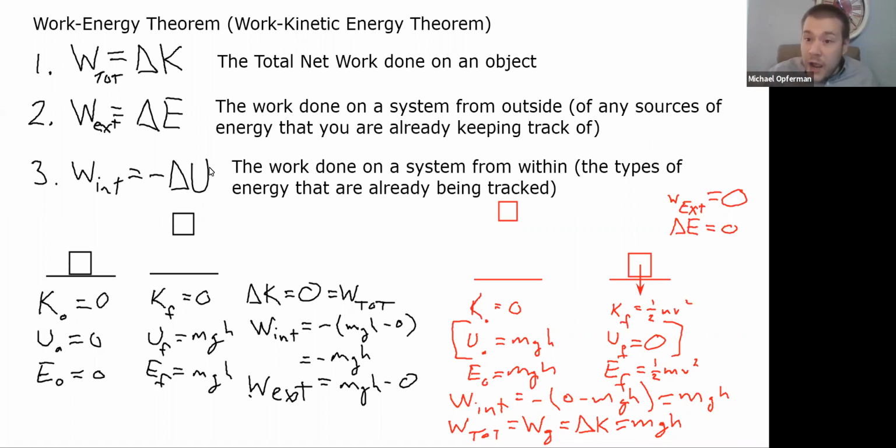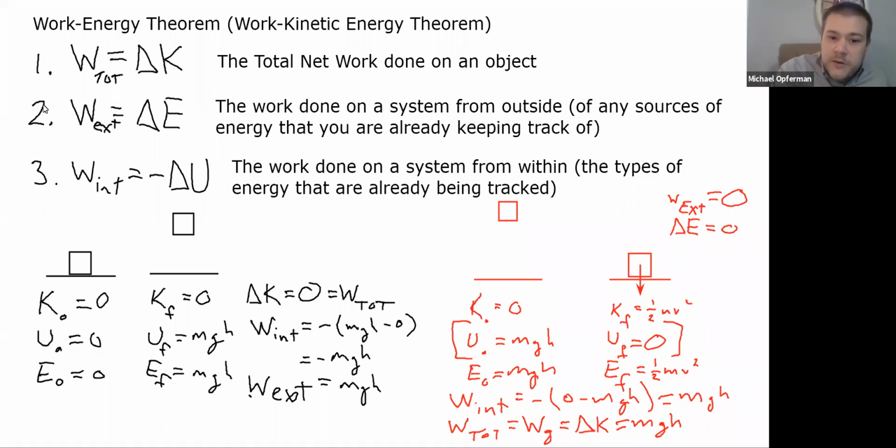You are not keeping track of my potential energy or anything like that. So I'm kind of a wild card here, where I'm not being included in the equations in a direct way. So that's why there's external work being done on the system, because I am putting an extra mgh of energy into the system. And now maybe you can start to see what's going on.